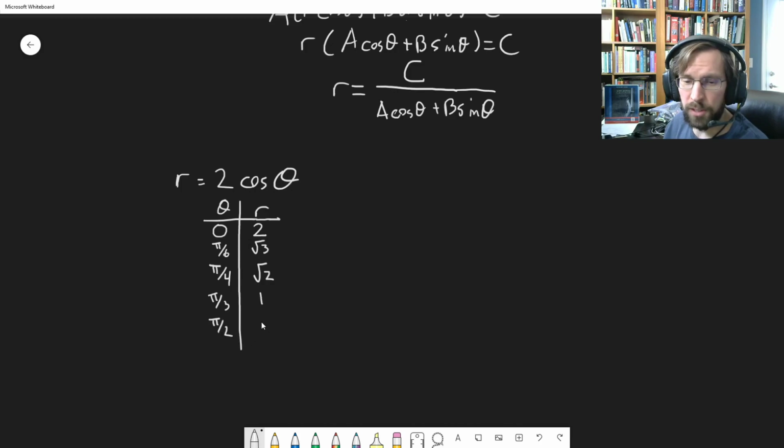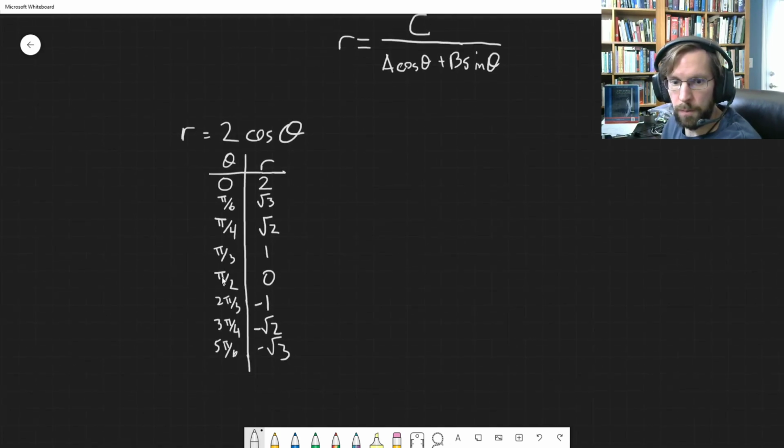Pi over 2, now this is going to be 0. We then go to 2 pi over 3, and this should be negative 1. 3 pi over 4 is going to be negative root 2, and 5 pi over 6 is going to be negative root 3, and we need one more, and that's pi, and that's going to be negative 2.